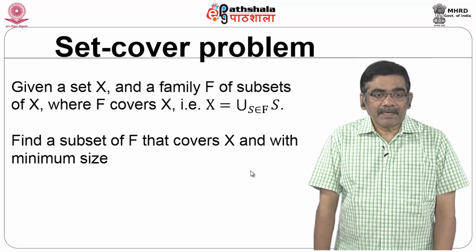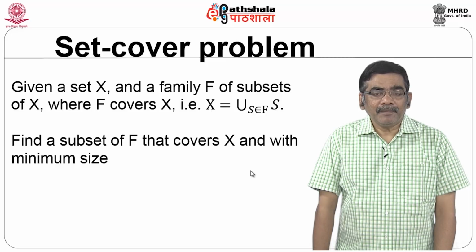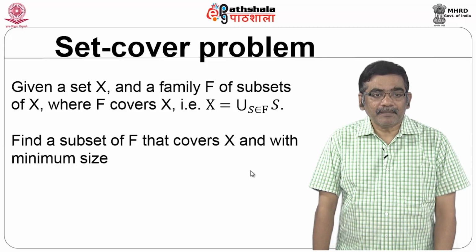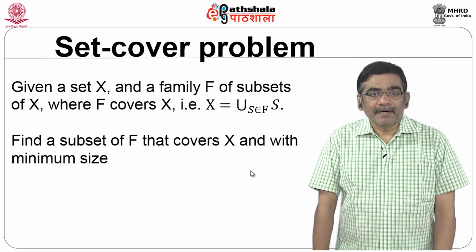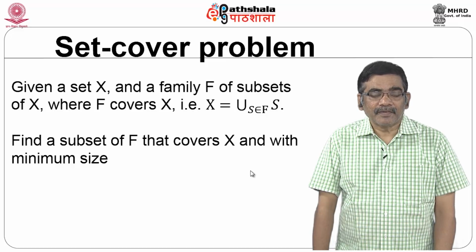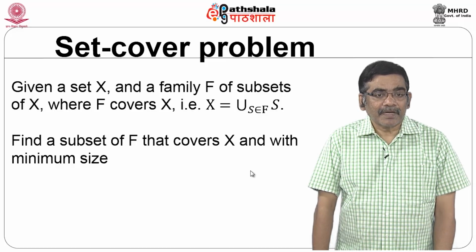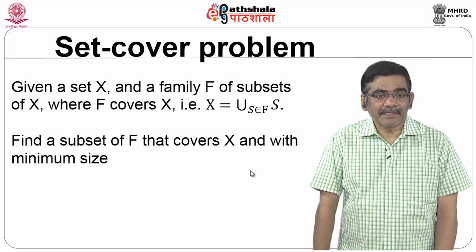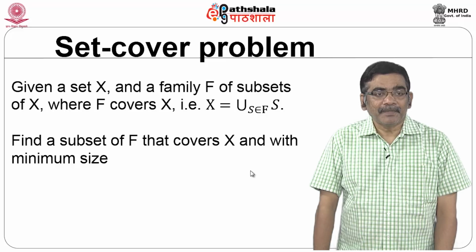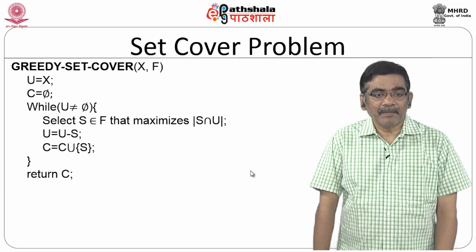Fine, the last example is going to be a set cover problem. The logic is very simple. I will have a set X, and then I will have the family of subsets of X. I have to find F such that it covers X. This is the requirement of the problem. Like a vertex cover, I have to find the set cover with minimum size.